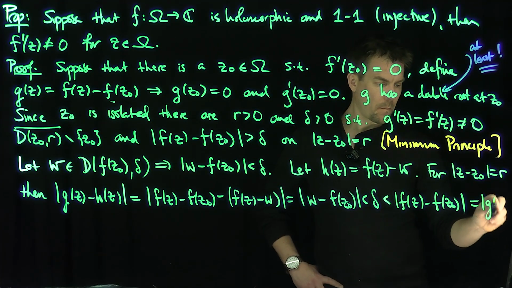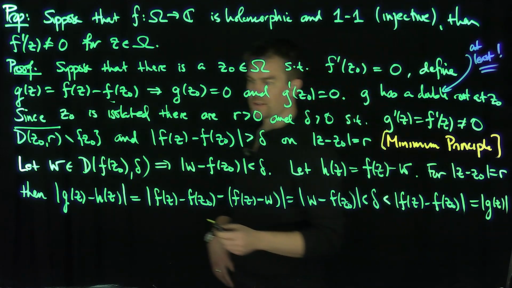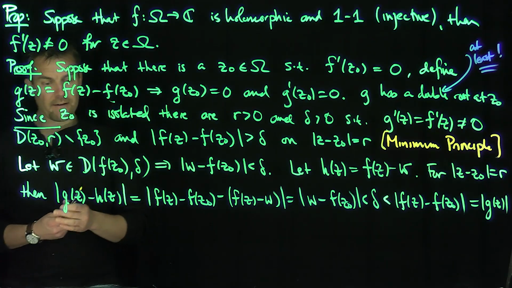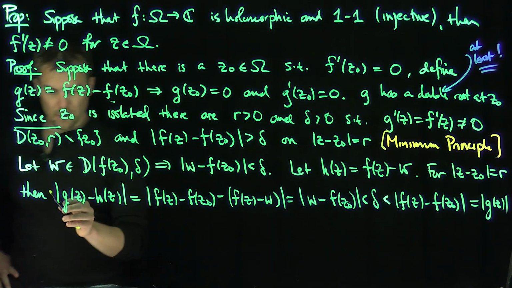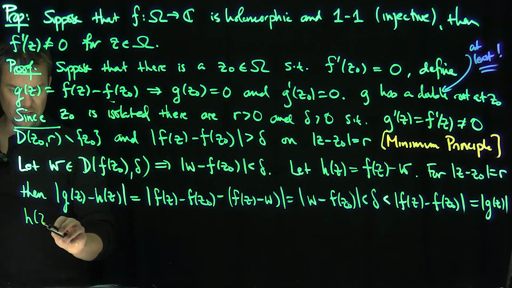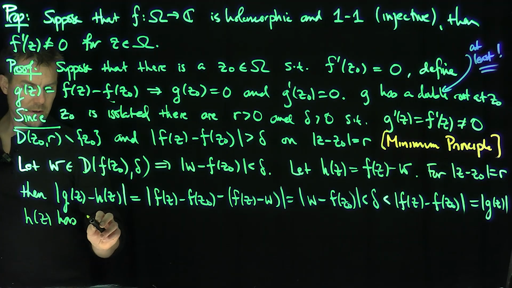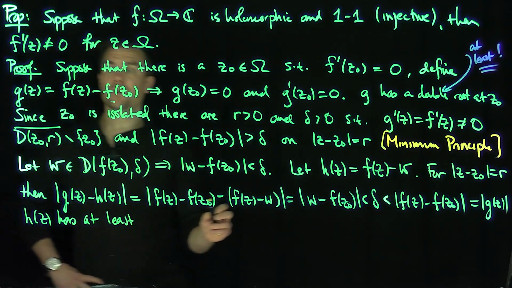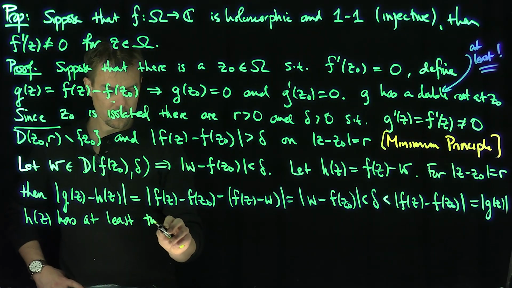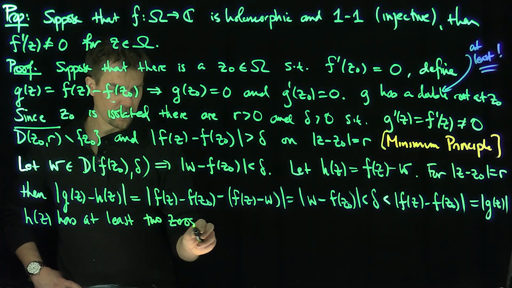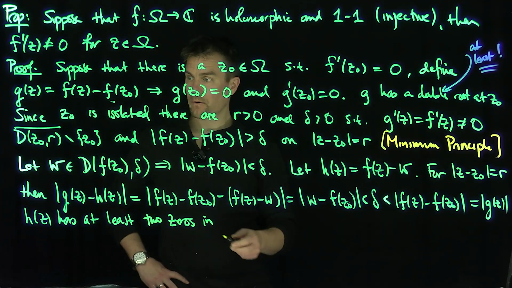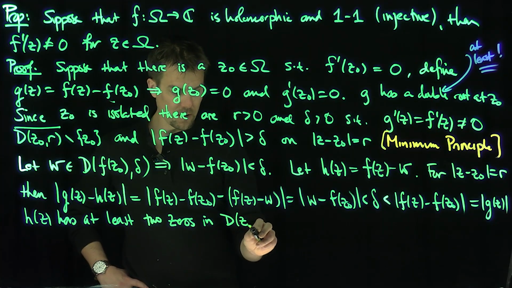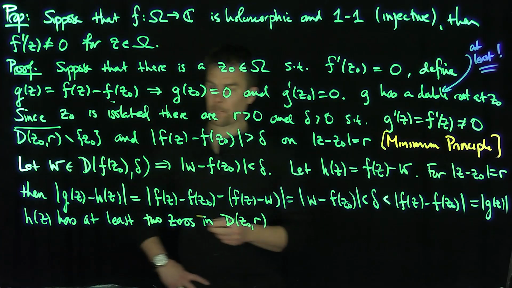So our conclusion is that g and h have the same number of zeros, right? So h of z has at least 2 zeros in this set over here, the disk D(z0, R), like that, okay?